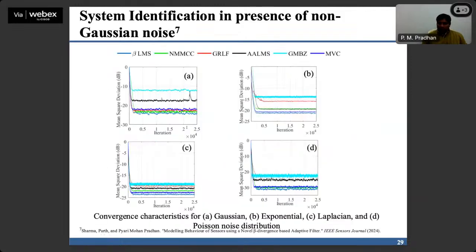Again, as far as the noise is concerned, the noise could be Gaussian distributed, or could have exponential Laplacian distribution. There are some mechanical systems where you find Laplacian noise instead of Gaussian noise. How the algorithms perform in those systems, that also can be checked.